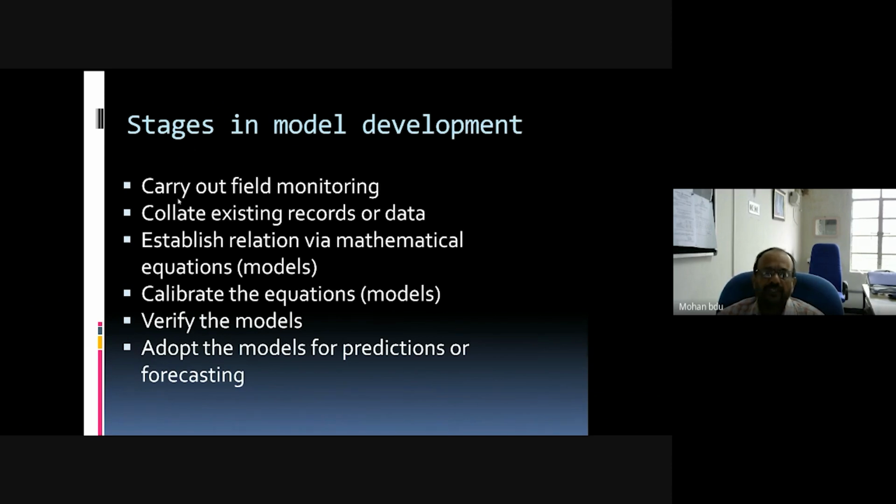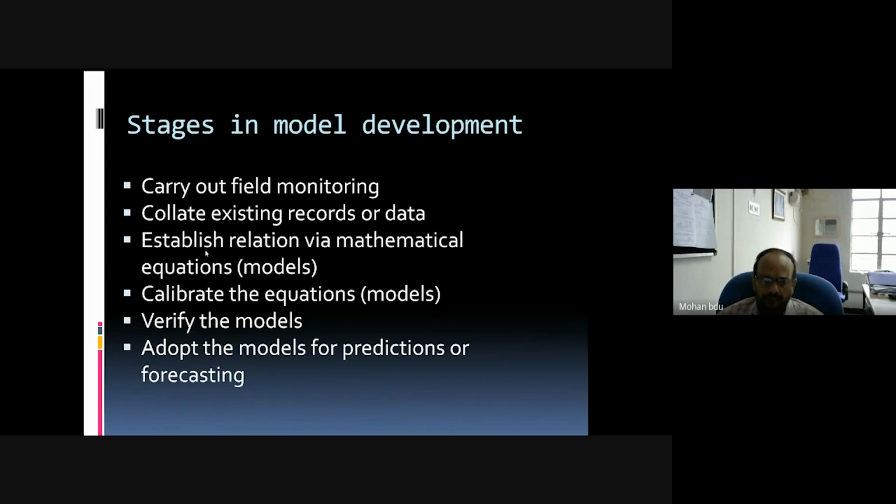For which it may need some sort of field work, monitoring and collating the existing records, for example the emission inventory or the inventory of the industries which are likely to cause impact on the water quality in a given location, and so on.